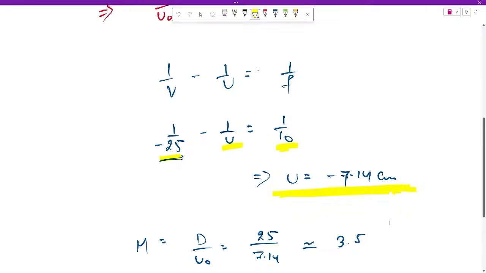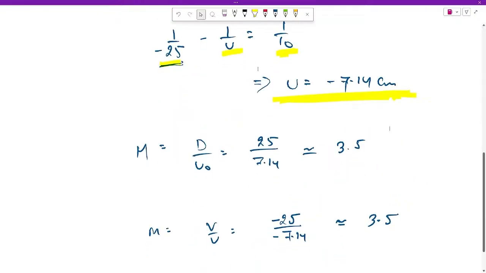Now we know that angular magnification is given by D divided by u naught, the distance of the object from the lens. It comes out to be a value of 3.5, and this is the magnification. This can be given by v divided by u, and this is the same as the angular magnification.